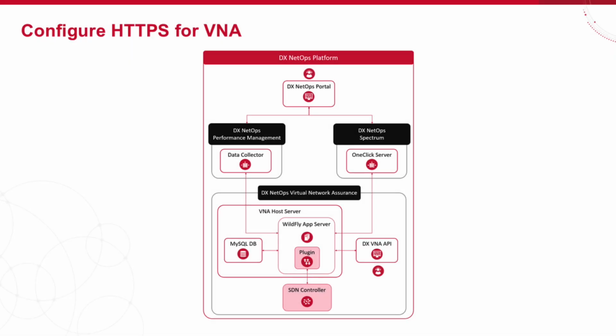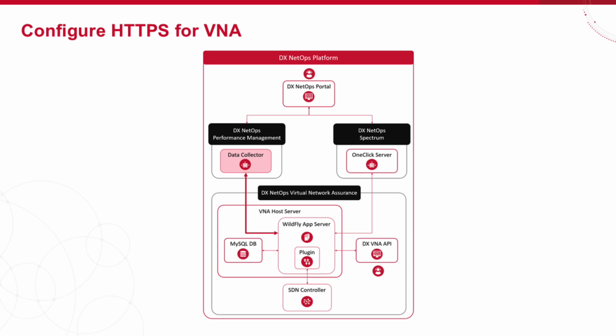In the DX NetOps platform, VNA data is integrated with data from other sources. To share the SDN data, VNA acts as a publisher for the data, and the other components in the DX NetOps platform that receive the SDN data from VNA act as subscribers to the data.